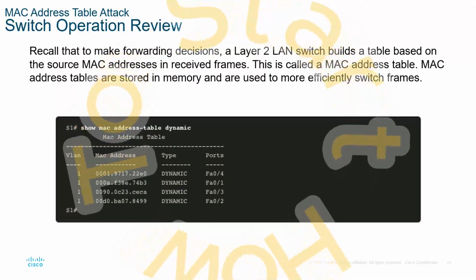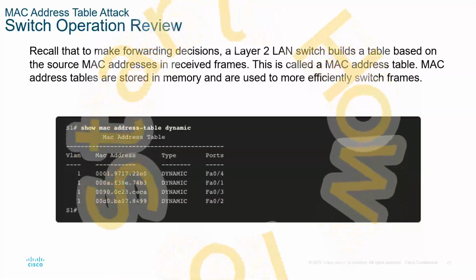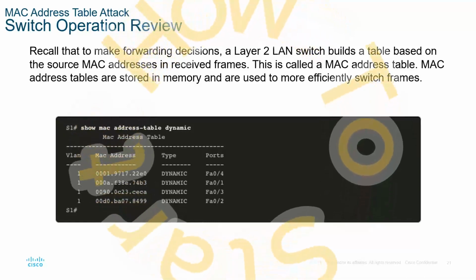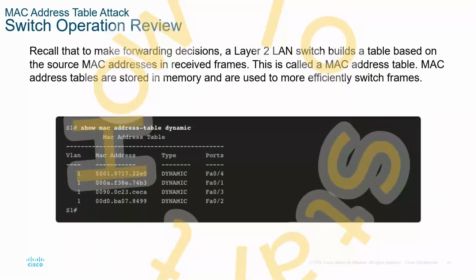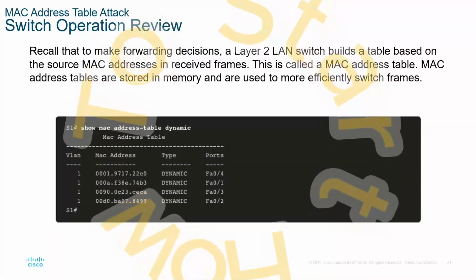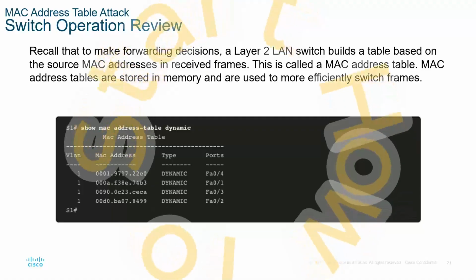So it looks at its MAC address table, and it will make the decision based off of the MAC addresses that are known. If it's not known, then it will send out all ports except for the one that it ingressed in to determine what port is the appropriate MAC address.